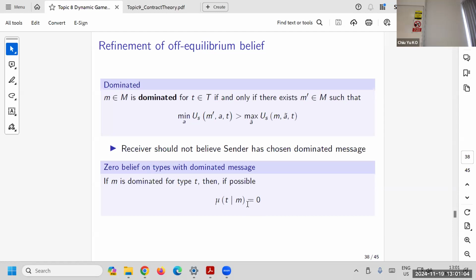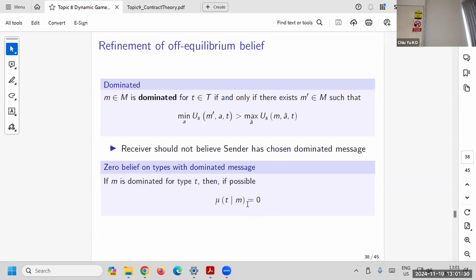When I say M, why would I never want to send M? M is dominated, right? Think of the best case scenario. If I send this, what's the best I can expect in equilibrium? The best I can expect is A tilde. And the worst I can get if I send another message is higher than that.